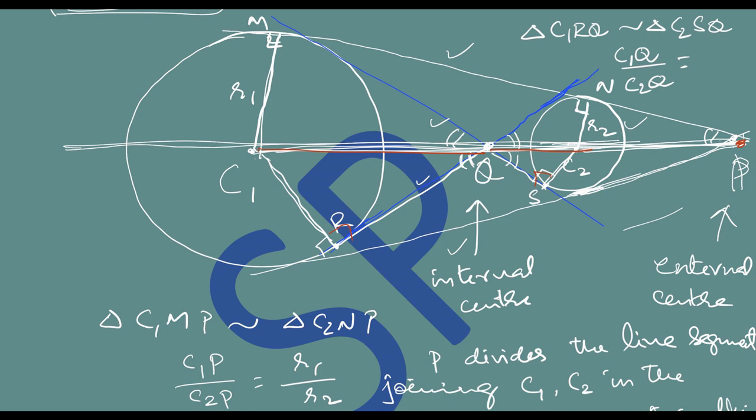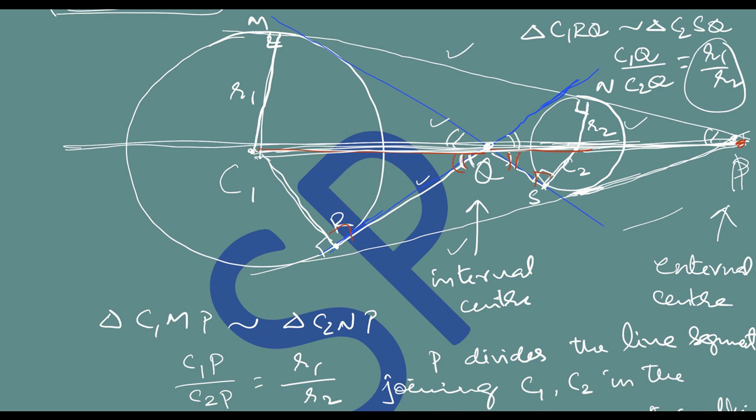And now I take the sides opposite to these angles in both triangles, and you can see that I am getting this as R1 by R2. So I observe that this time Q is dividing the line segment joining the centers C1 C2 in the same ratio R1 is to R2, but this time it is dividing it internally.